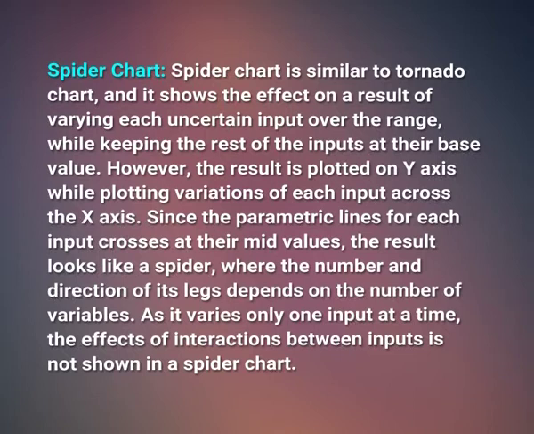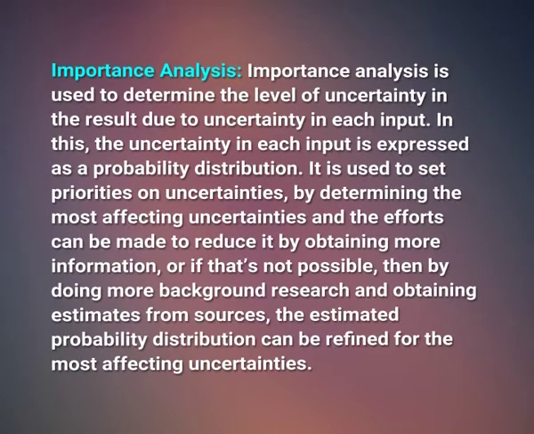Since the parametric lines for each input cross at their mid values, the result looks like a spider, where the number and direction of its legs depends on the number of variables. As it varies only one input at a time, the effects of interaction between inputs are not shown in a spider chart.